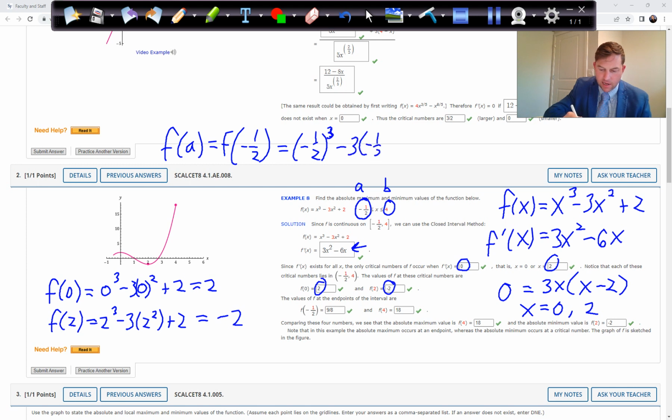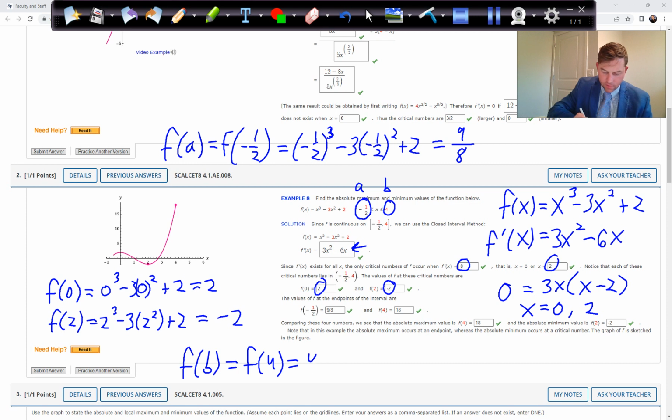Minus 3 times -1/2 squared plus 2. And if you do that out, you should get 9/8. Then we're going to check f of B, which is f of 4, which is 4 cubed minus 3 times 4 squared plus 2. And if you work that out, you get 18.